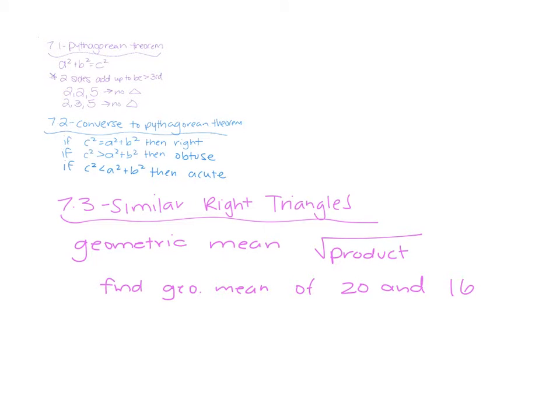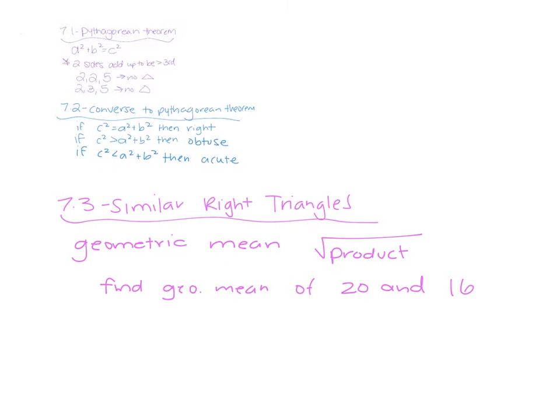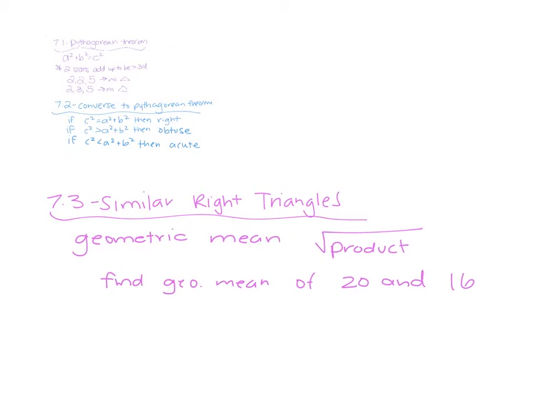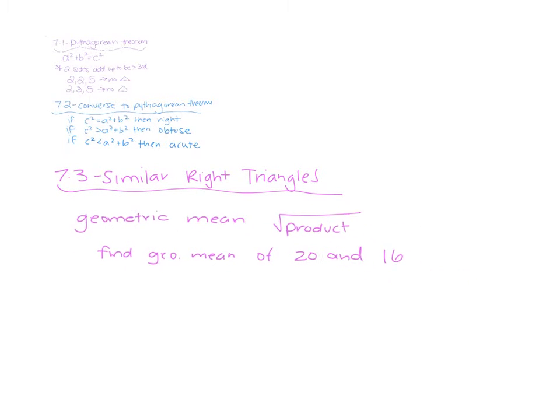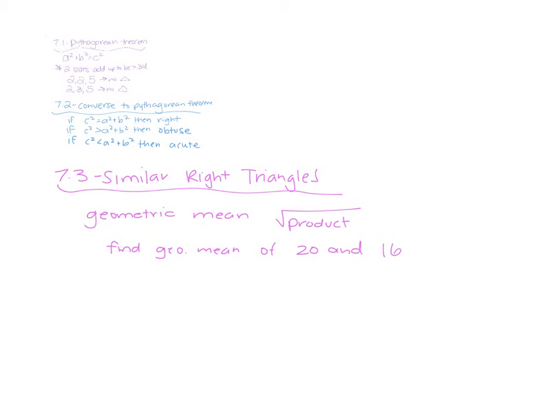So if I said find the geometric mean of 20 and 16, I would do the square root of 20 times 16, and then break these down.